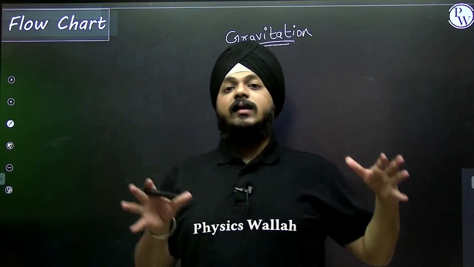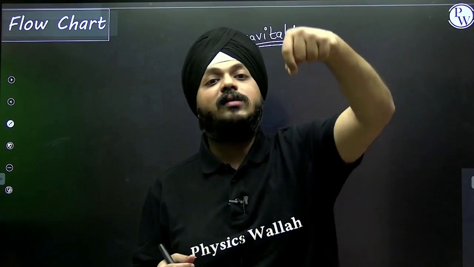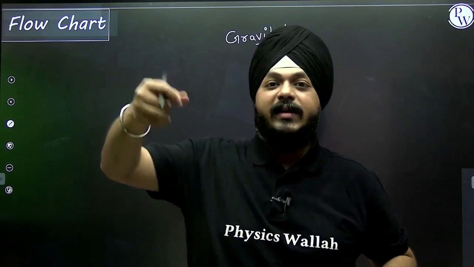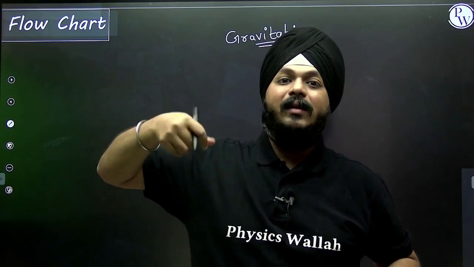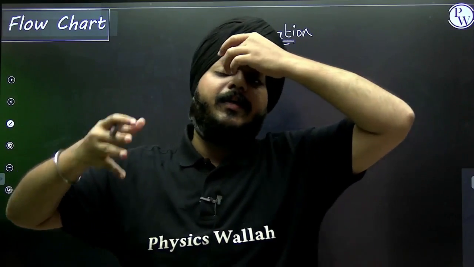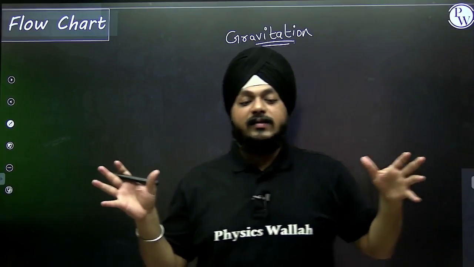The latest stuff says that the Sun is also revolving around some specific center of the Milky Way, our galaxy. Lots of theoretical assumptions are there, and which one is correct, lots of assumptions exist.